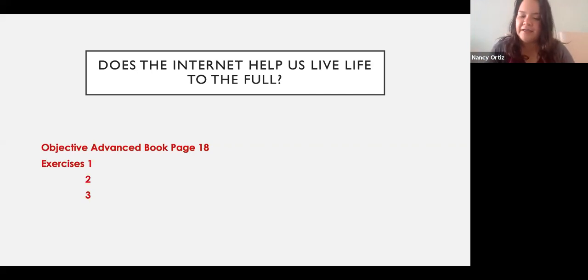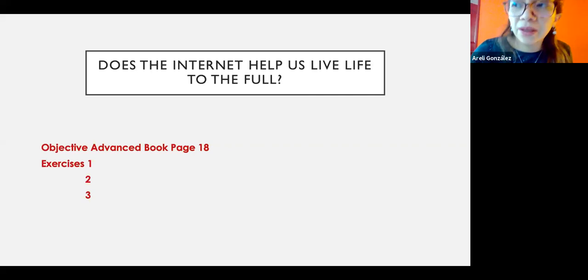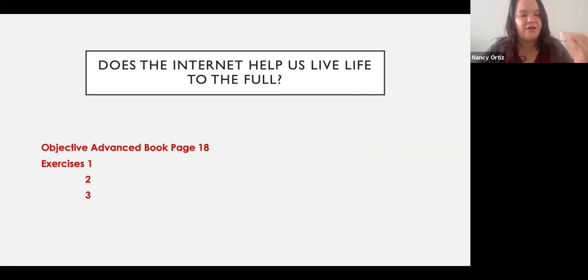And also, we can have the benefit of saving time to do different kinds of activities, because we can pay the bank with different applications, we can pay some services, we can ask for food, we can do a lot of things using our mobile or the internet in general. Exactly, very good. So it makes our lives and sometimes the things we do a little bit faster.